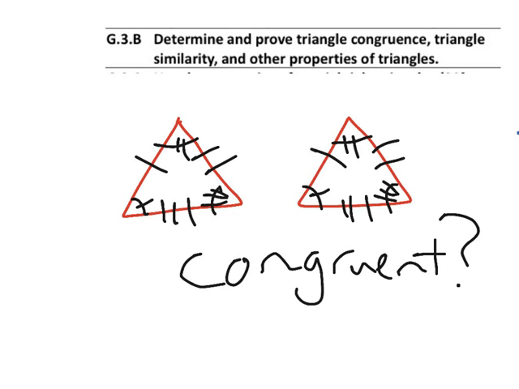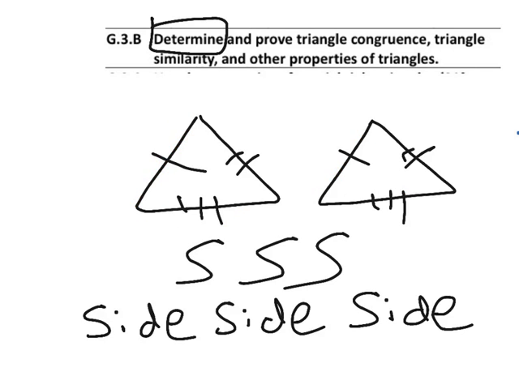In order to determine congruency, there are 4 shortcuts, which I'm going to show you right now. The first shortcut is called SSS and stands for side, side, side.